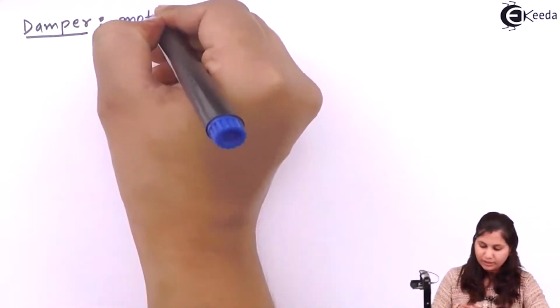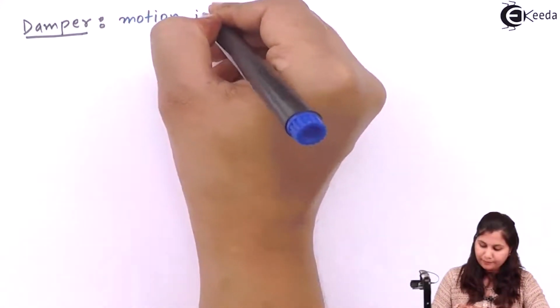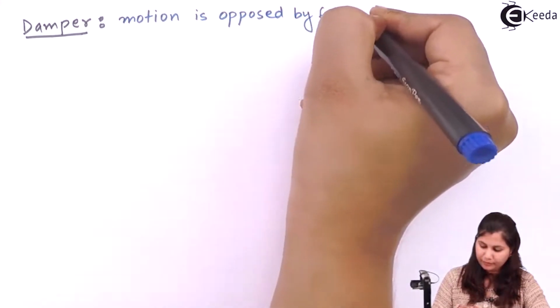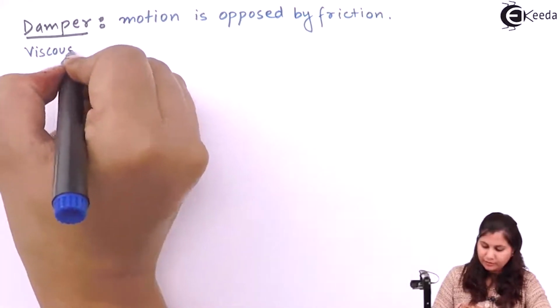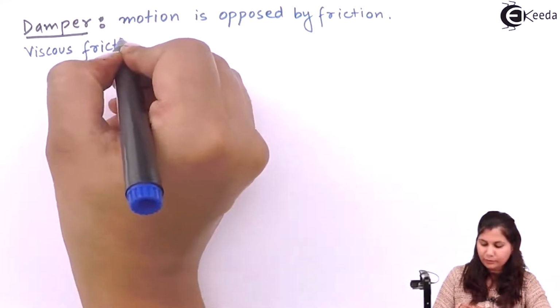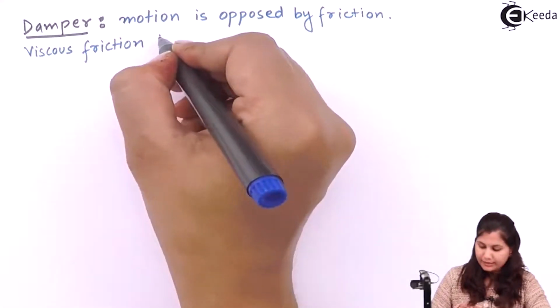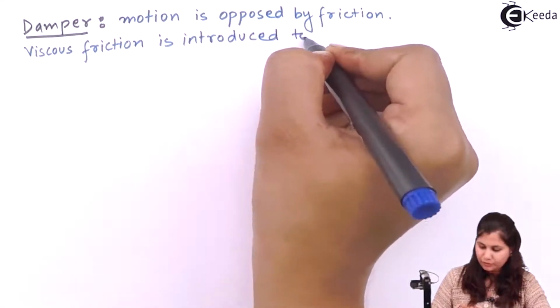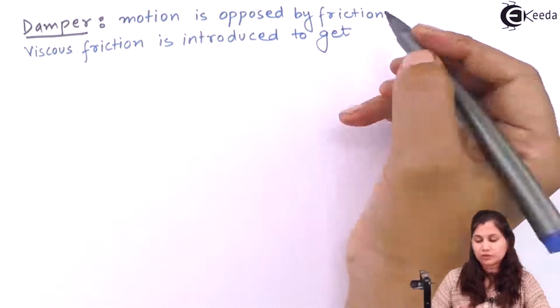So the damper is the element which introduces the viscous friction in mechanical systems. So it is related to friction.